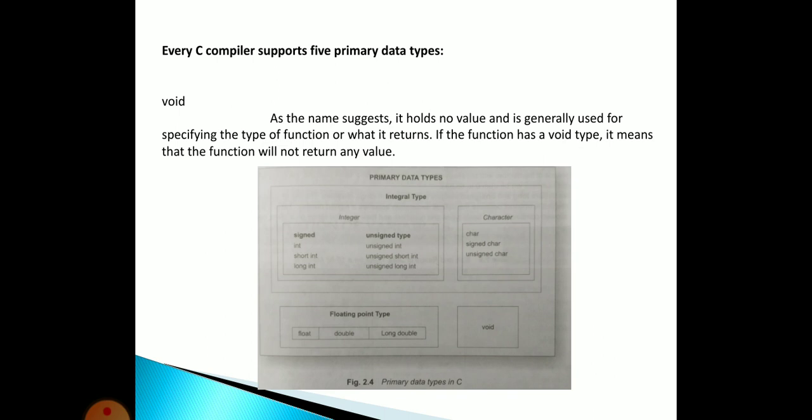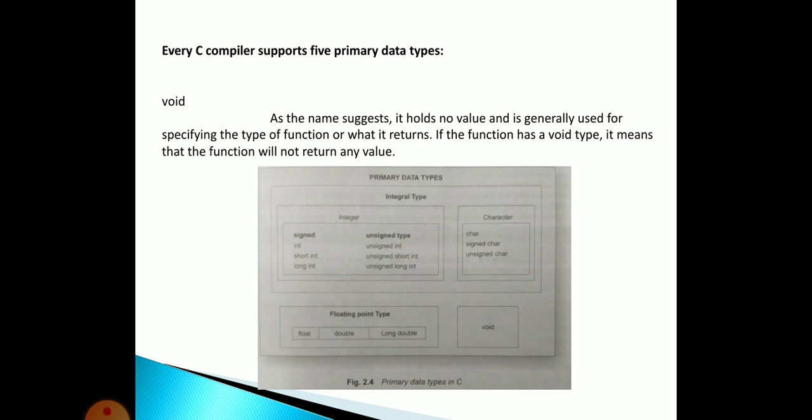So void, the first data type. Void is used to represent that it holds no value. It is generally used for specifying the type of a function, or what it returns. In case it returns an integer value, we must specify int. If no value is returned by a function, we specify it as a void function.